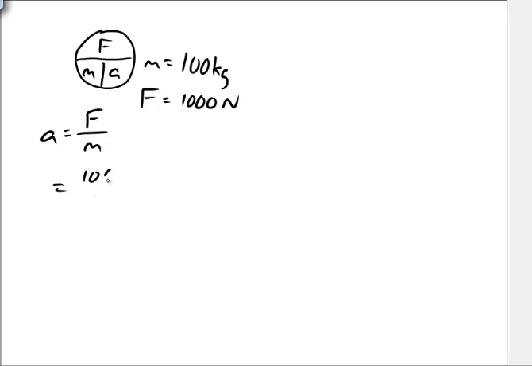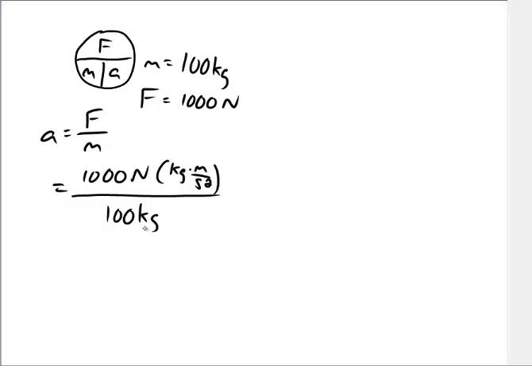You have 1,000 newtons, and in parentheses I'm going to put the units that a newton is, just to show you where we get it, divided by 100 kilograms. This is where it's important to use your units, as we've been telling you in class, because now you have to manipulate them. Kilograms cancel, and you're left with meters per second squared, the unit for acceleration.